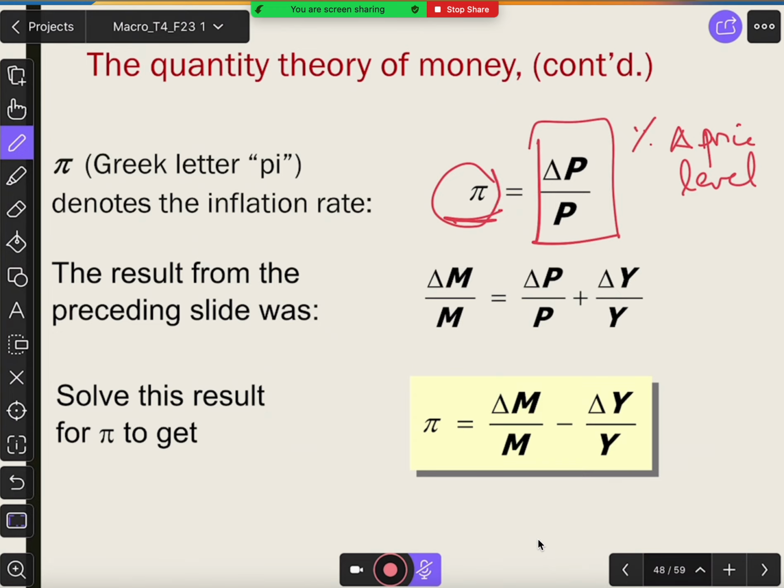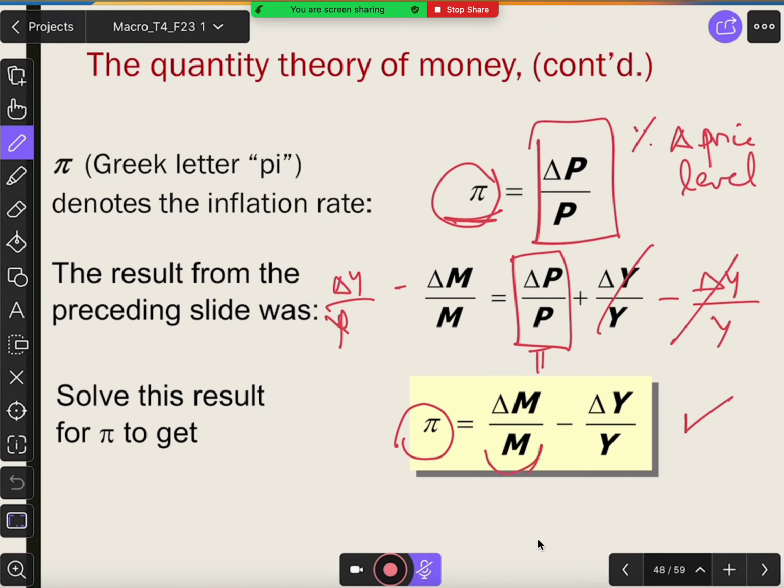So if this is pi, inflation, then I can rewrite it by subtracting the percentage change in y from both sides, and this cancels here, and I can write it this way, and this is very, very important. This is telling us inflation is equal to the growth of the money supply, the percentage change in money supply, minus the growth in GDP. And this is very important.